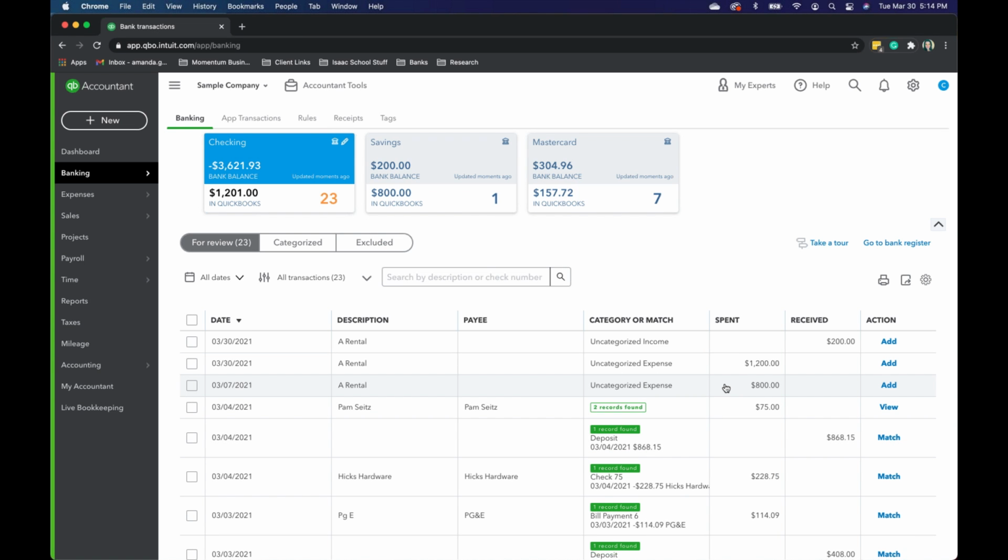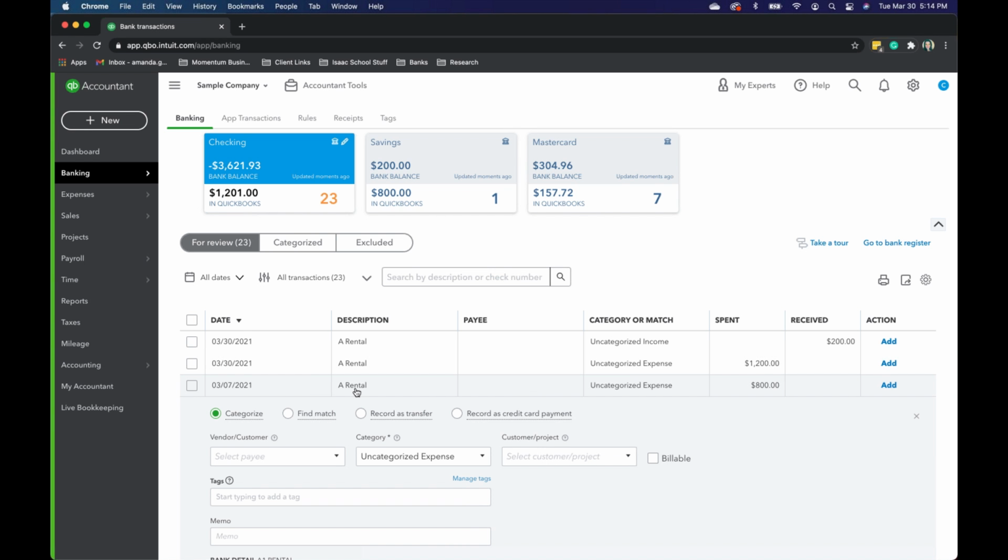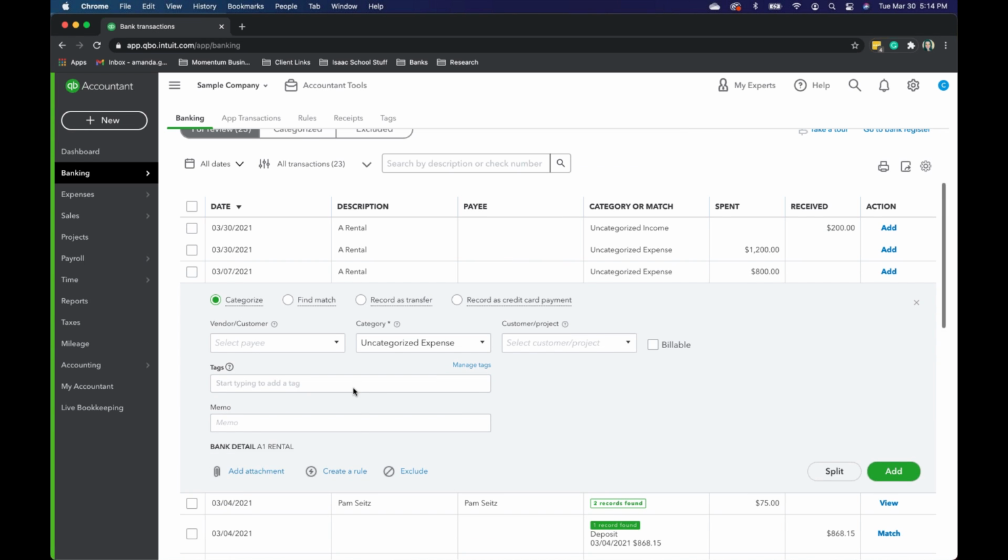Okay, so now we have some more transactions here. We have $800 spent on the 7th and $1,200 spent on the 30th. So let's start here. Again, this is A1 rental, which, by the way, I am expanding these transactions so that I can see the detail down below, because you'll notice this says A rental and this says A1 rental.